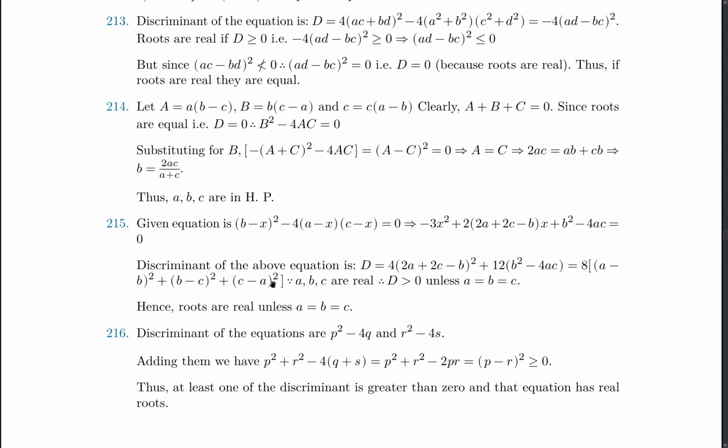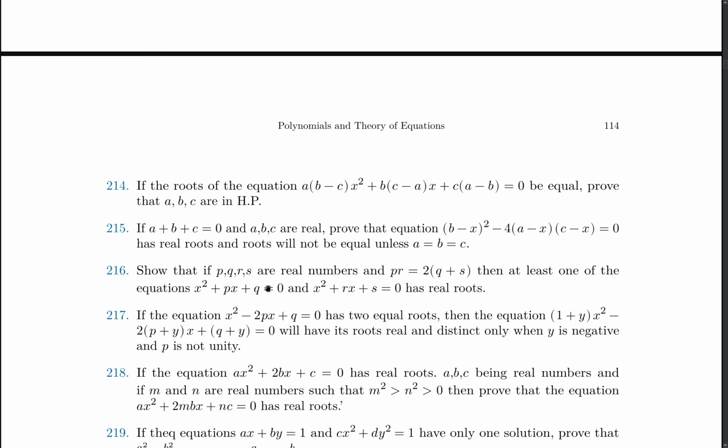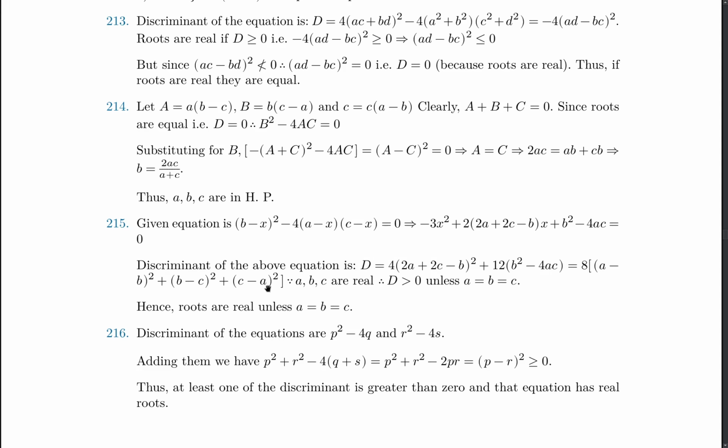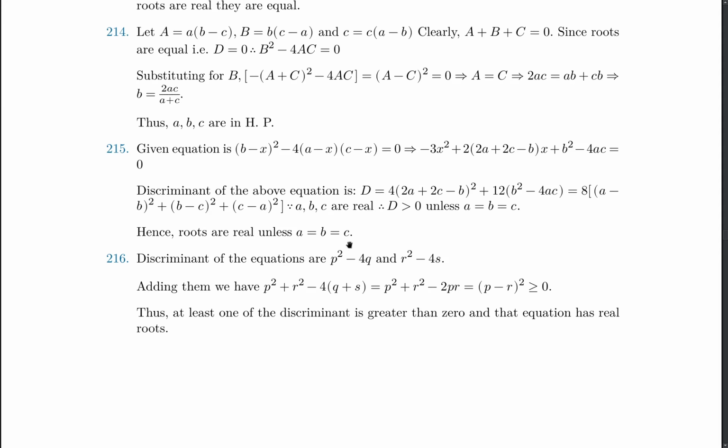So roots are real, that means D is greater than or equal to 0. The only possibility of D being 0 is that A is equal to B is equal to C, because it's a sum of 3 squares, so all three have to be 0 simultaneously. So D becomes 0 if A is equal to B is equal to C. So roots are real unless A is equal to B is equal to C.